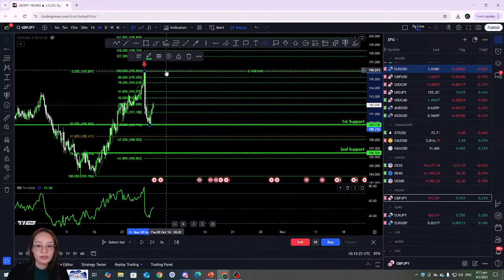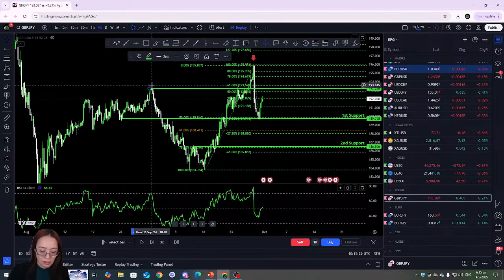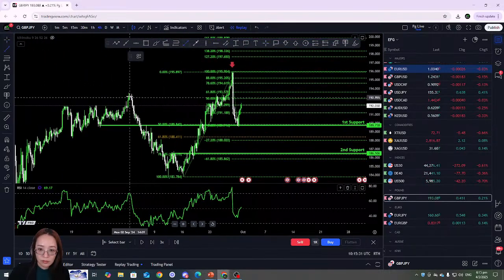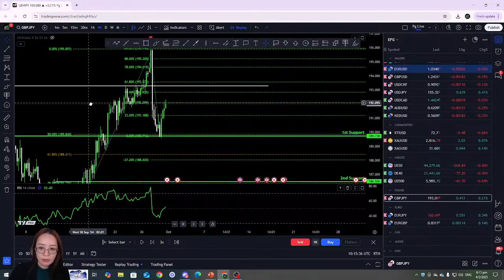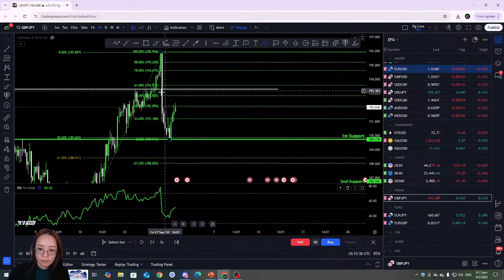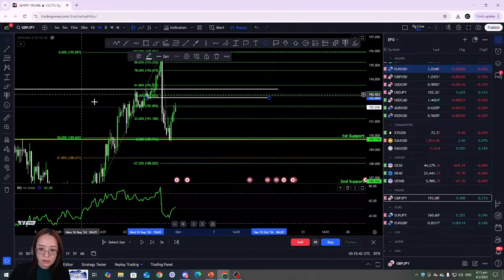I know this is going to be my resistance level. So my take profit is where? Slightly below the 50% Fib.